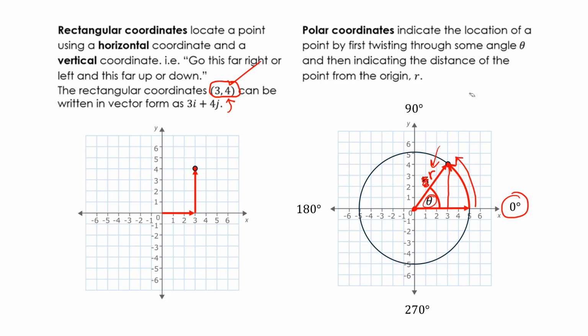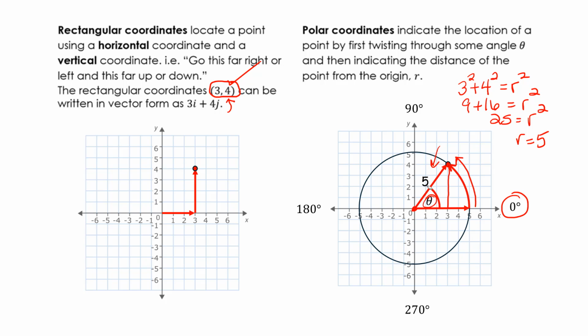We know that we can find r using the Pythagorean theorem. So 3 squared plus 4 squared equals r squared. 9 plus 16 is equal to r squared. 25 equals r squared. So r is 5, which I already knew, and that's why I put the 5 there.